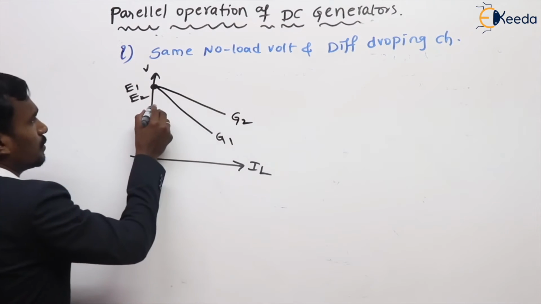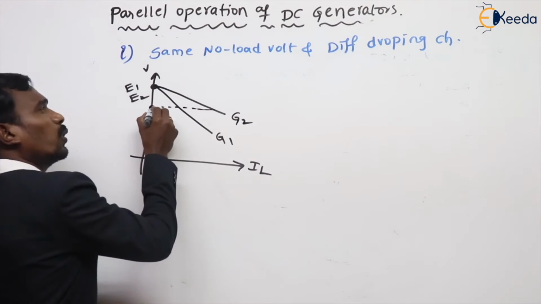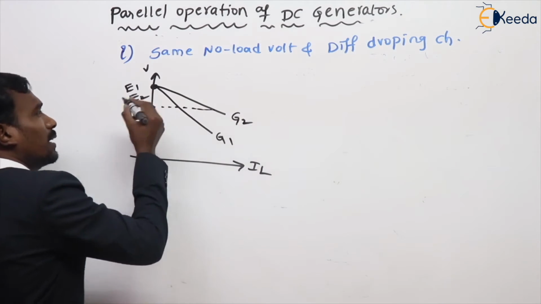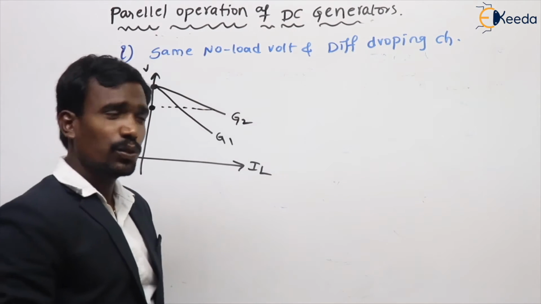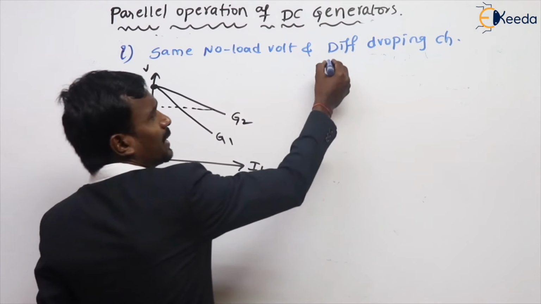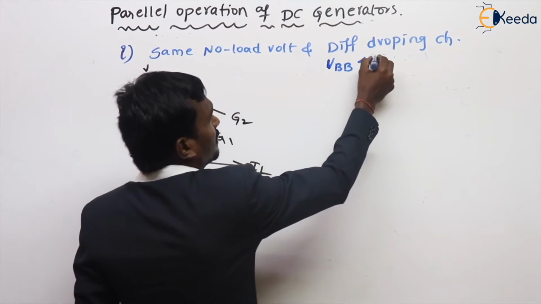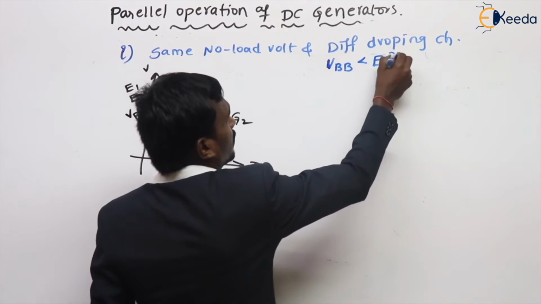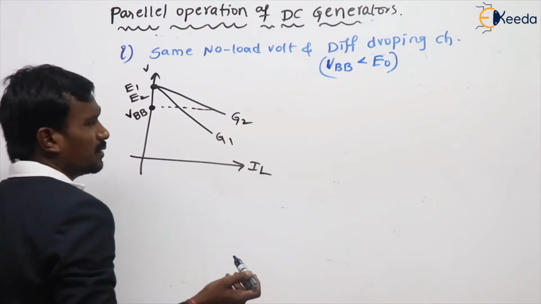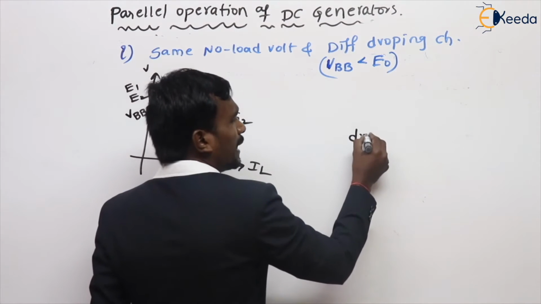This is my terminal voltage or bus bar voltage. So what is the condition here? Same no load voltage and different drooping characteristics. The bus bar voltage is less than the no load voltage.